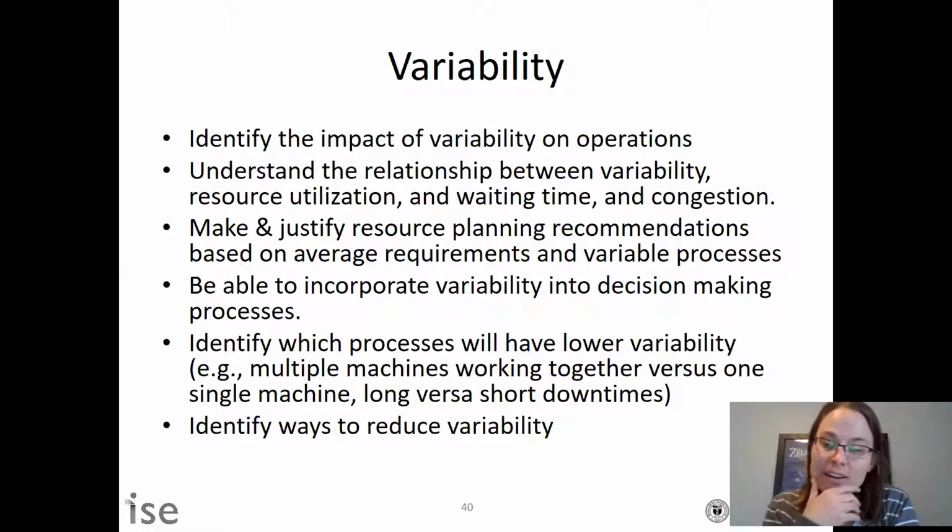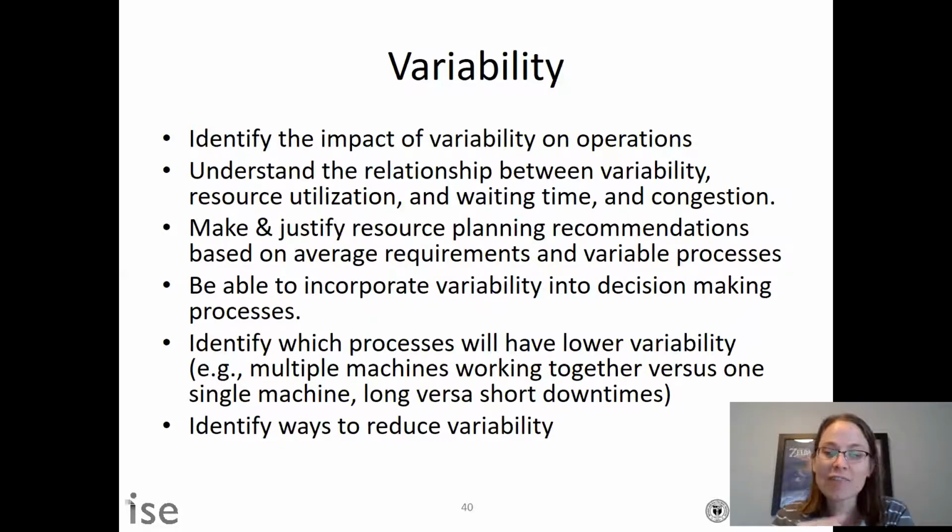And then we had another lecture all about variability and why variability is bad. If you need an example of why variability is bad, COVID is a great one. You should understand the impact of variability on operations. The biggest thing is, even if you have the same mean expected value, if you have more variability, our jobs as operational managers, as supply chain managers, get harder.